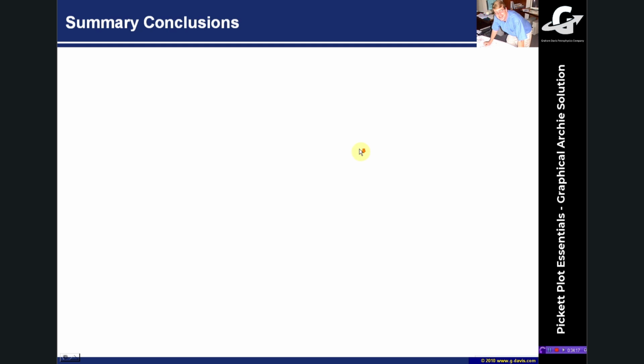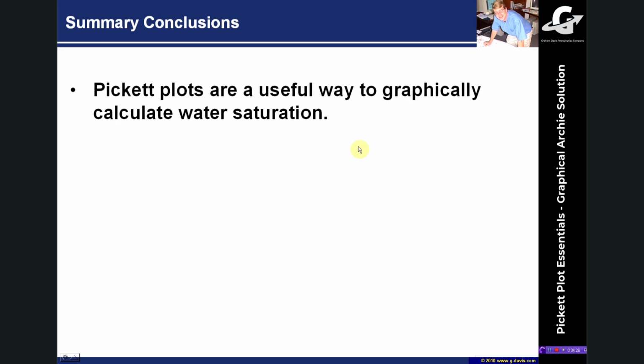So finally, in summary, what I hope I've shown is that Pickett plots are a useful way to graphically calculate water saturation. If you're ever running a seminar like that, it's a handy way of providing people with charts to be able to back calculate a water saturation given a resistivity and a porosity.